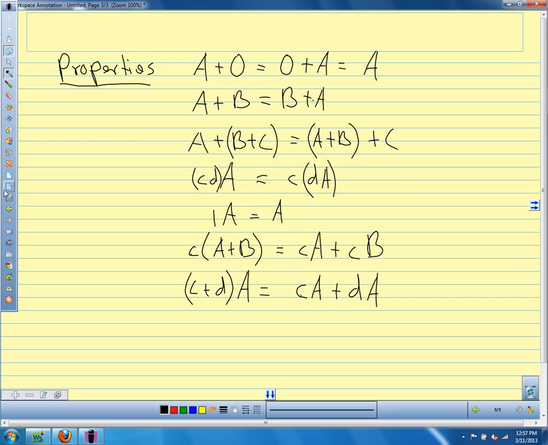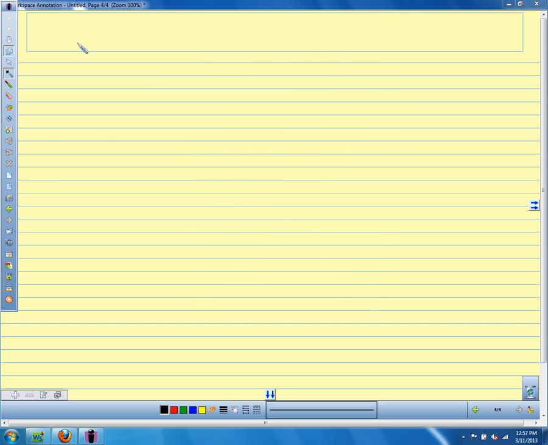All right, let's look at an example using properties. We can solve matrix equations.